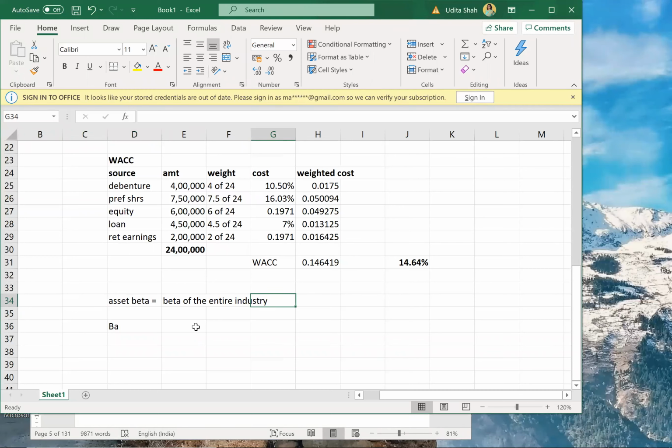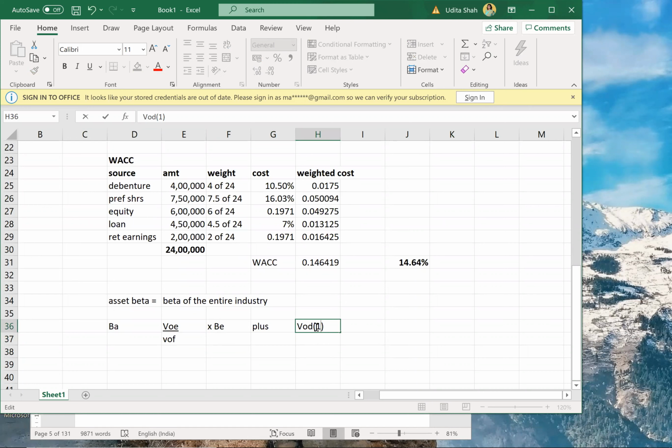Okay. So formula of beta of asset is value of equity divided by value of firm, into beta of equity, just hear me out, guys, plus value of debt.